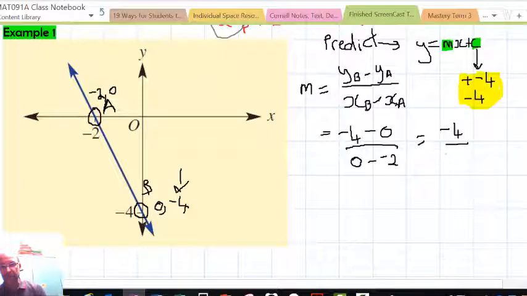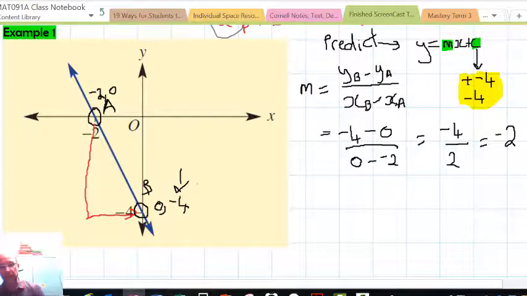We've got 0 minus -2, which is the same as 0 plus 2, which is 2. -4 on 2, which is -2, is the gradient. Does that make sense? Well, yes, because if you think about it, it's a falling line, and it's gone down 4 as it's gone across 2. So that matches our working. So yes, that makes sense.